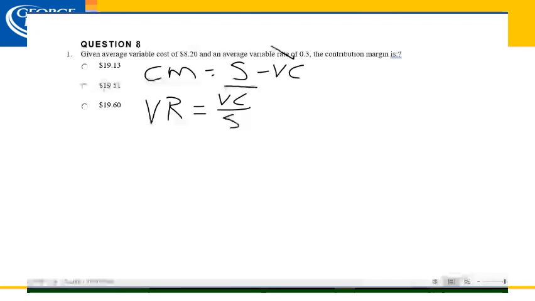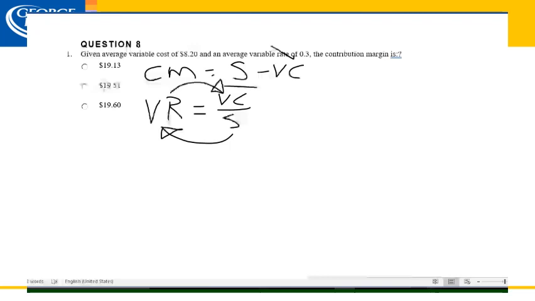So what we would do is bring our sales to this side of the formula by multiplying it, because we're dividing it on the right-hand side. And then we would bring our variable rate to the right-hand side of the equation by dividing it. Because after you bring the sales to the left-hand side, these two items are being multiplied.